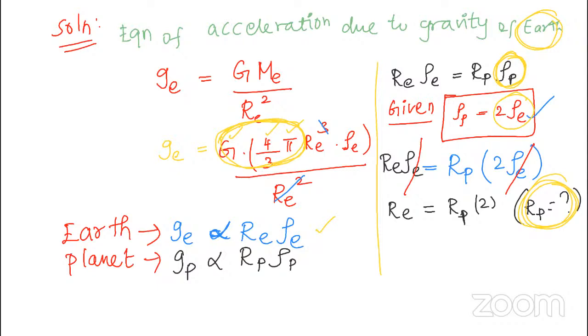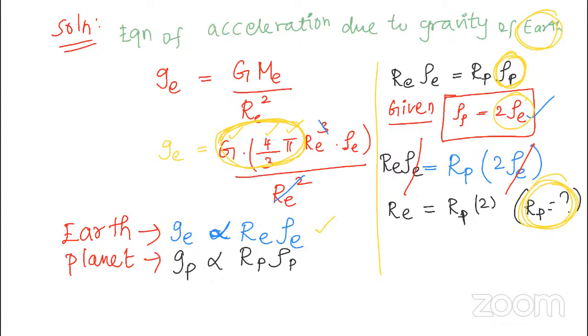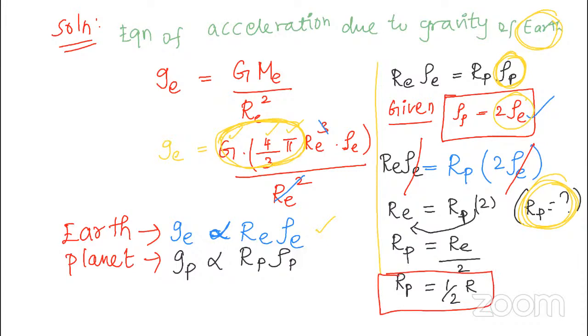So R_P is equal to R_E divided by 2, simply 1 by 2 into R. R_P is nothing but 1 by 2 into R. So this is option D.